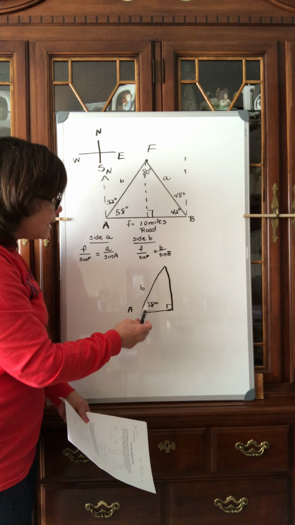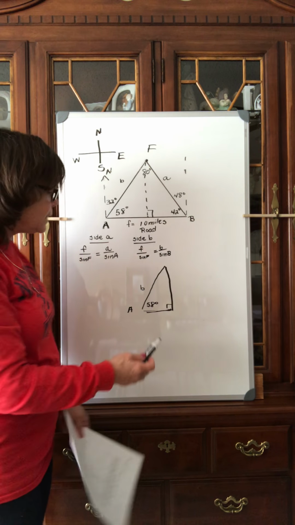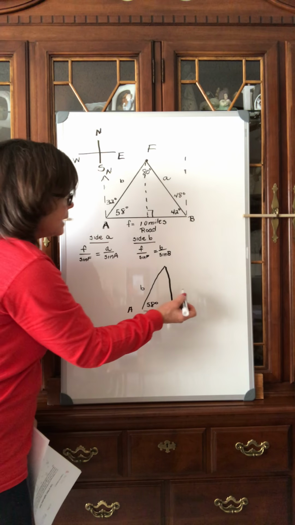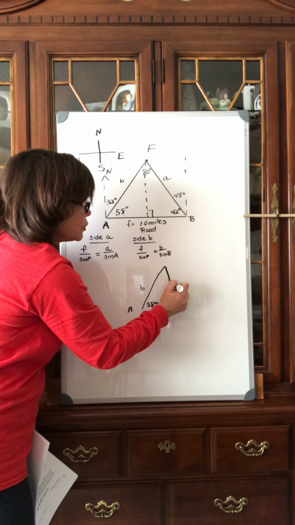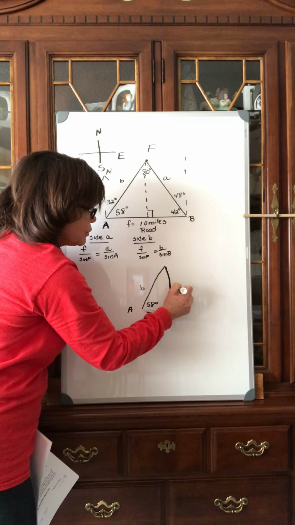So what you would do now is use right triangle trig. From angle A, this is the altitude of the triangle, the shortest distance from the fire to the road. That's the side that we're looking for. So if you switch to right triangle trig, the sine of 58 degrees is equal to opposite over hypotenuse.